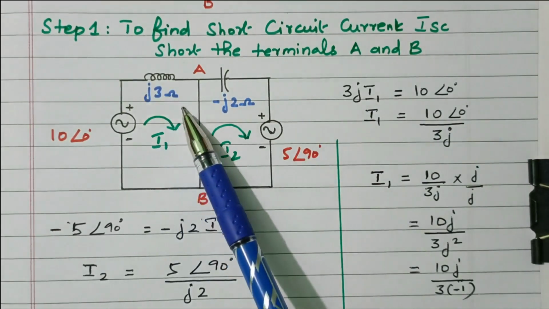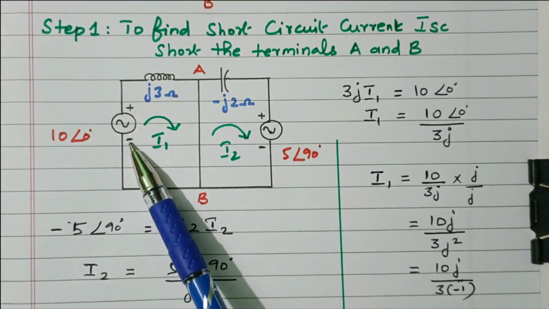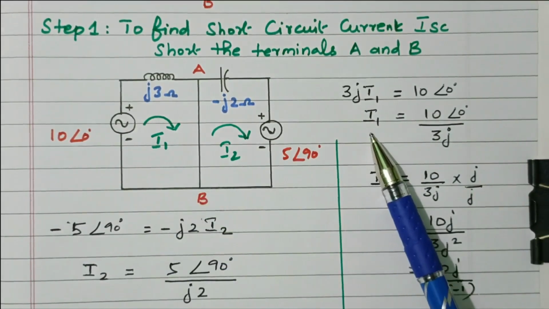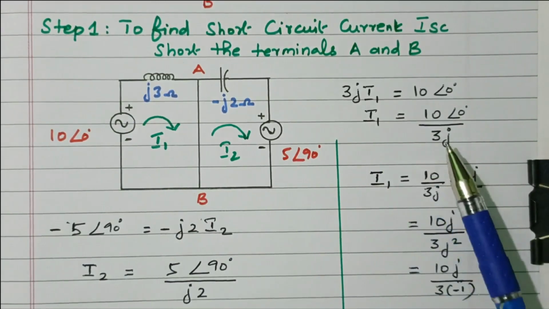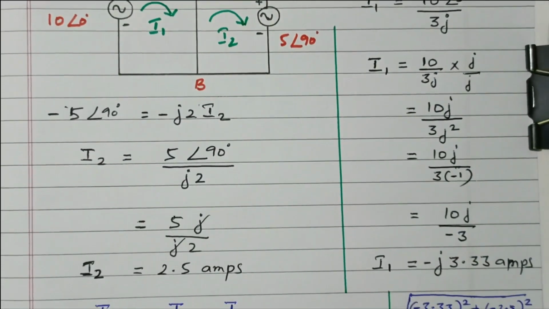The current is flowing in the clockwise direction, which means negative to positive, so plus. So from that, I1 equals 10 volts divided by 3J. Now we need to simplify this in order to find the I1 value.